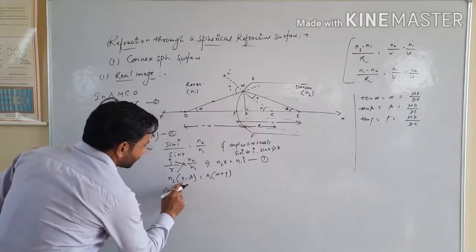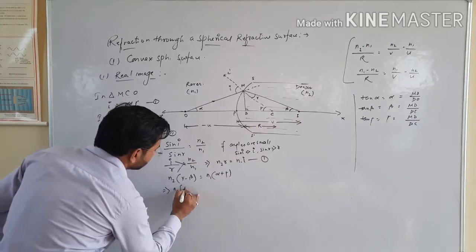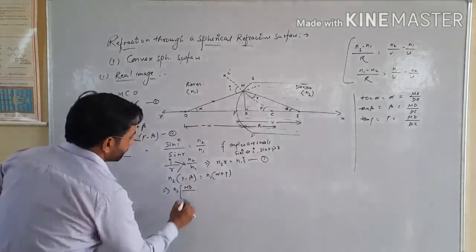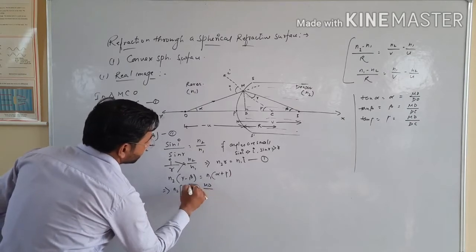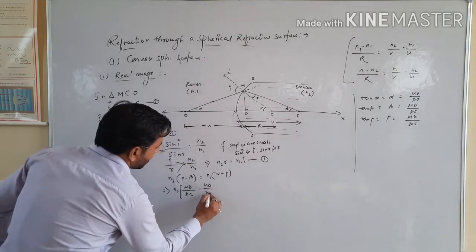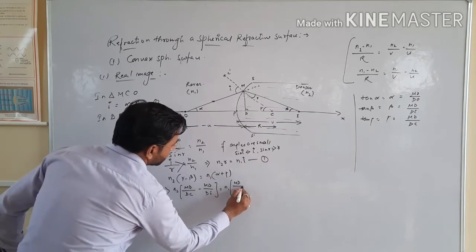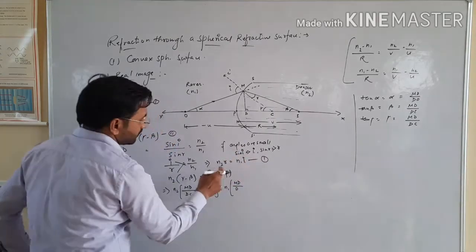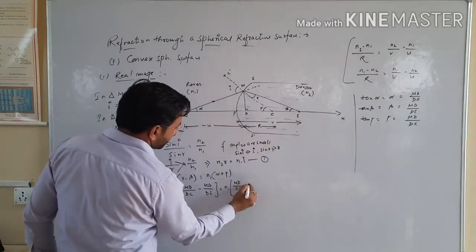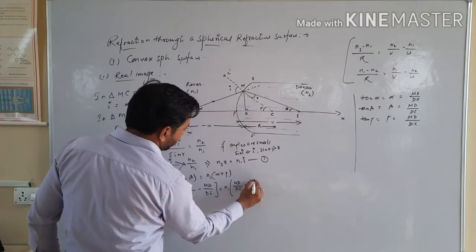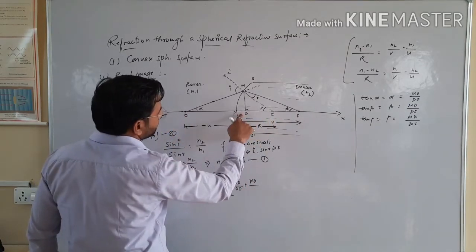N2 in place of gamma, you will put MD over DC minus MD over DI for beta, N1 MD over DO for alpha plus MD over DC in place of gamma.